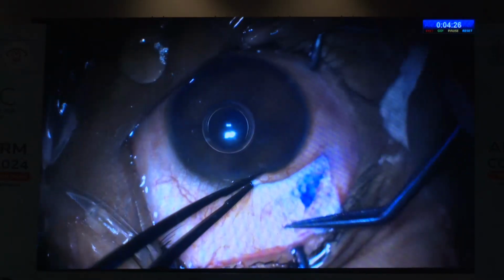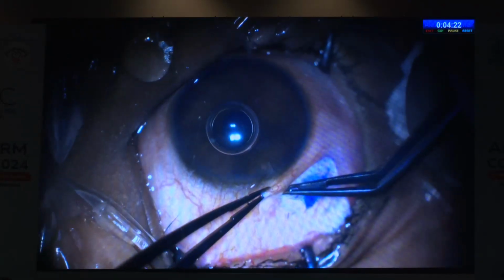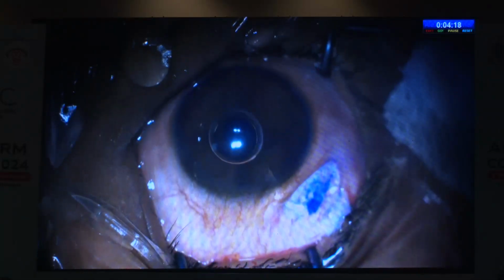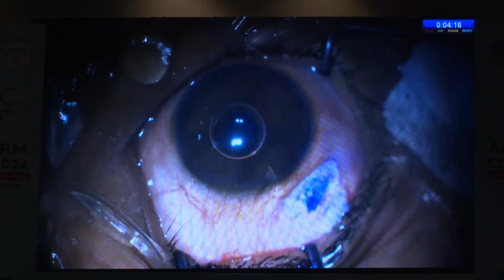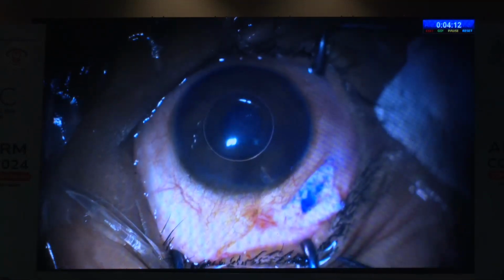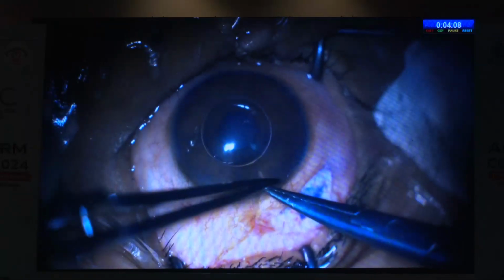Intracameral pilocarpine was pushed into the AC. Now, the beveled end of the Omniflow tube was inserted into the anterior chamber via the second scleral tunnel. Utmost care was taken so that only the beveled 1.5 to 2 mm end goes inside.